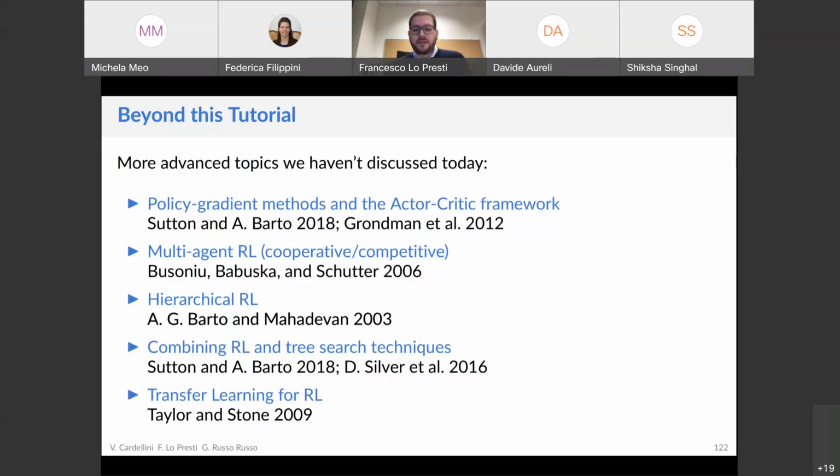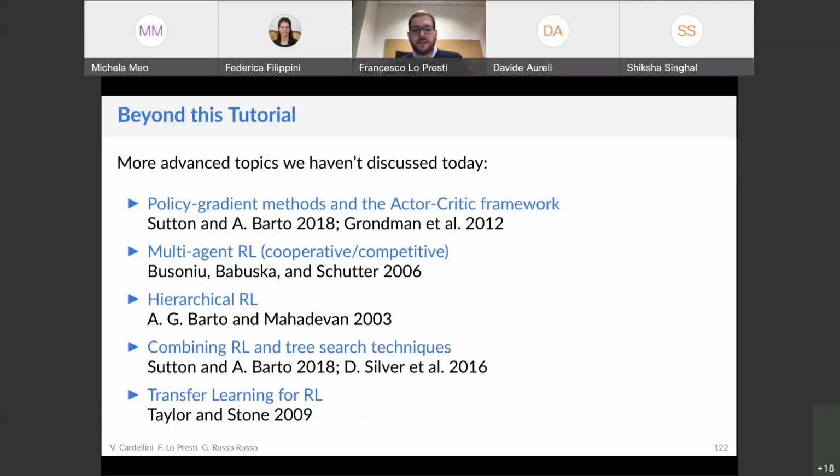There are a lot of techniques that rely on so-called policy gradient methods, in which you basically don't need to search for the optimal value function to identify the optimal policy, but you directly search in the policy space. And then there is the actor critic framework, which has been successfully applied to many problems, in which you combine both the approaches. You search in the policy space and in the value function space.